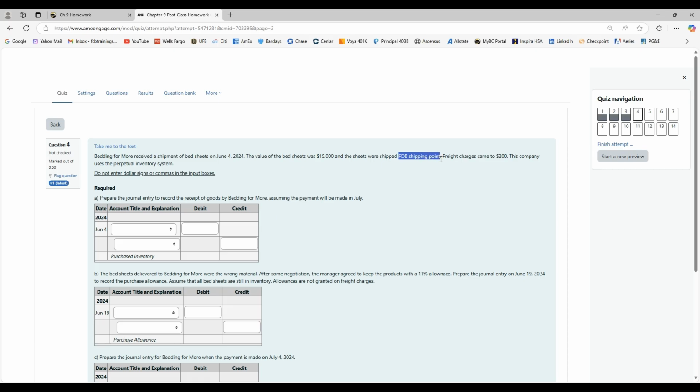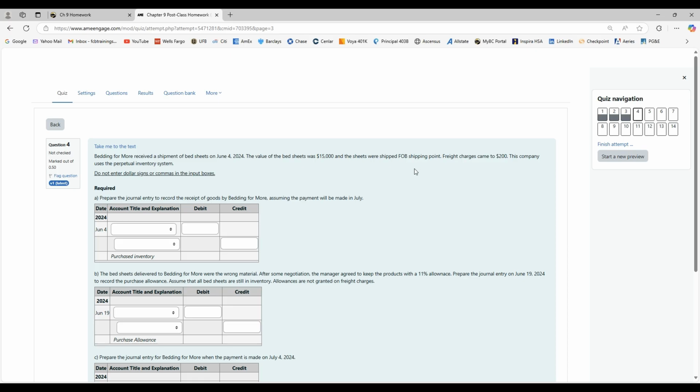So just to highlight it, and maybe if we have talked about it in class in the semester that you're watching this video, reminder that this FOB shipping point is freight on board shipping point, and you can either have shipping point or destination, and the difference between the two indicates when ownership passes.